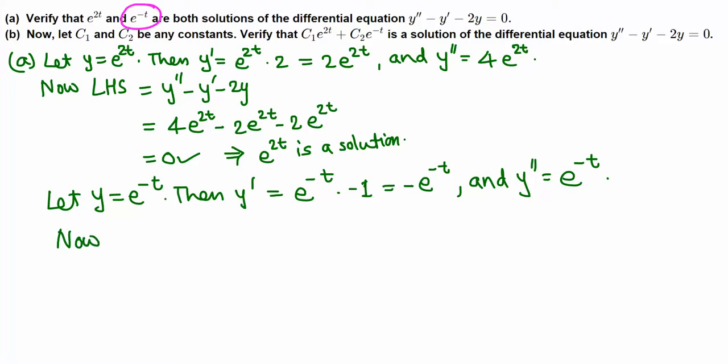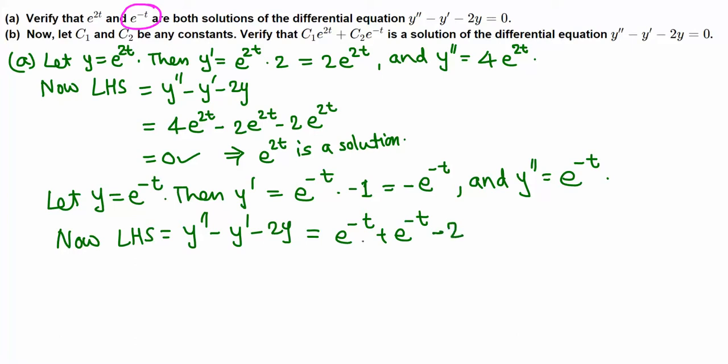Now the left hand side of the differential equation, y double prime minus y prime minus 2y, is equal to: y double prime is here, e to the negative t, minus y prime. Y prime is negative e to the negative t, so this minus and negative gives plus e to the negative t, minus 2y, and y is e raised to negative t.